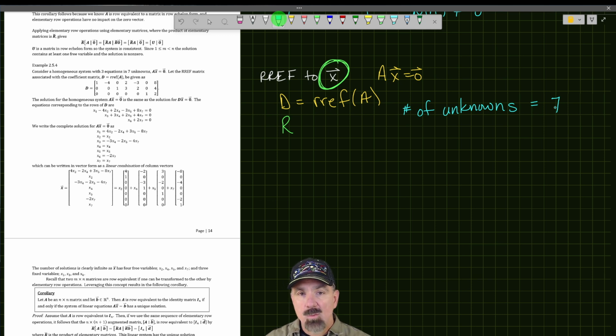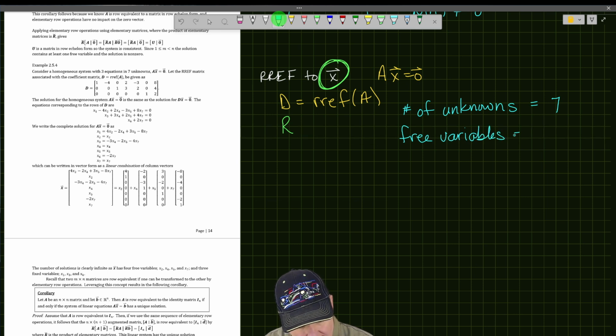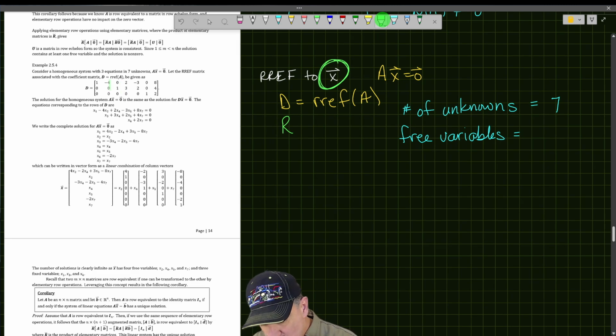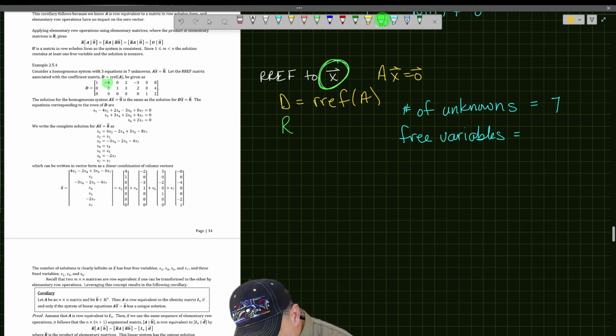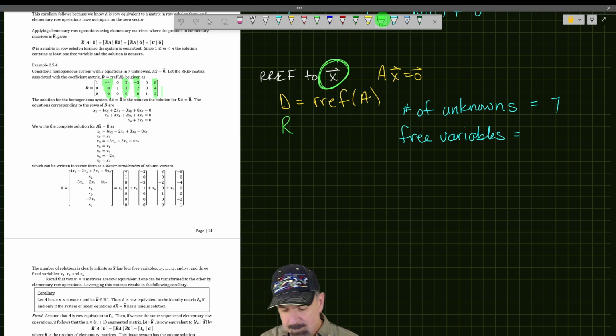Then the other thing that we want to know is, what are the free variables? So the free variables are the variables, the columns associated with non-pivot columns. So this is a non-pivot column, this is a non-pivot column, this is a non-pivot column, and this is a non-pivot column.